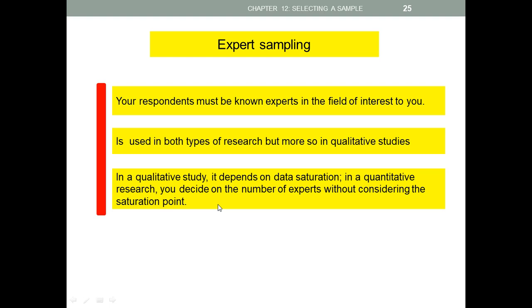Okay, stop at 20 because no new information occurs. So the sample size is 20 because you don't learn anything new beyond that sample size. In a quantitative research, you decide on the number of experts without considering the saturation point.